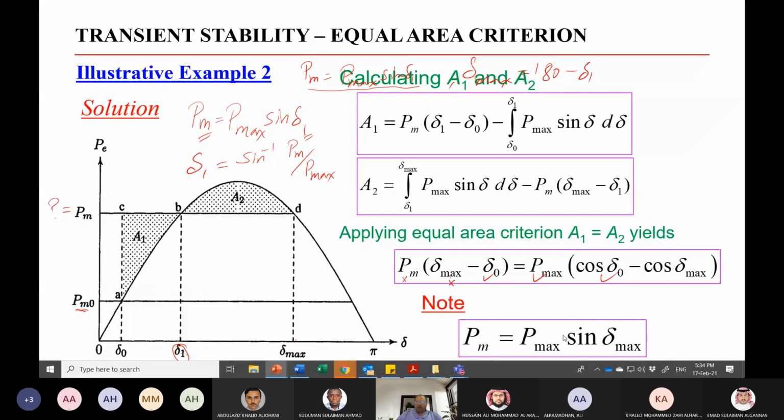Of course, if delta max equal to 180 minus delta 1, then sine delta max equal to sine delta 1. Am I right? If this is angle 180 minus delta 1, then sine delta max equal to sine delta 1. So we have Bm equal to B max sine delta 1 or sine delta max. They are the same.